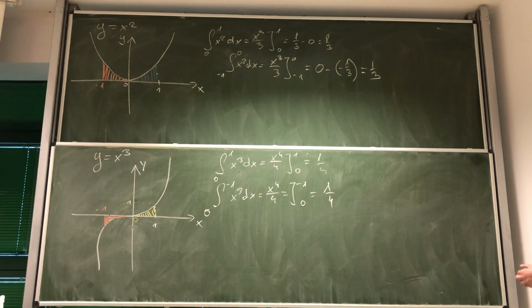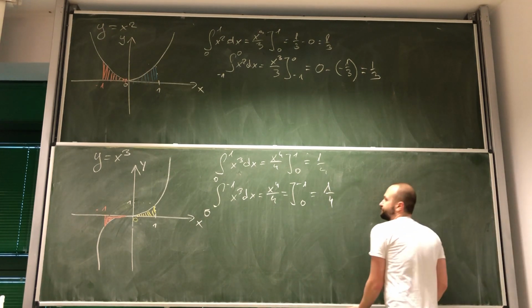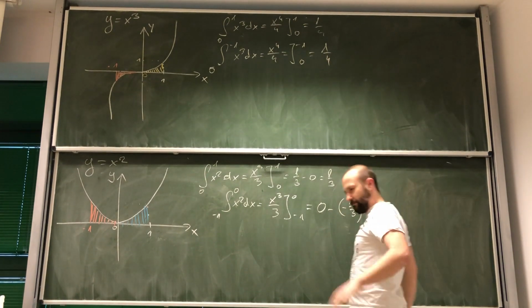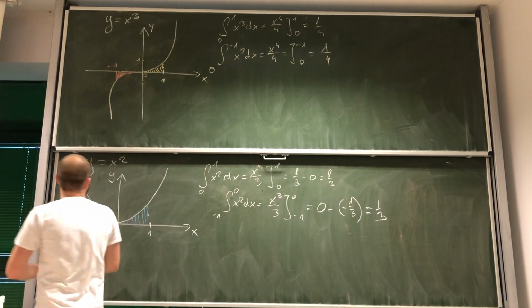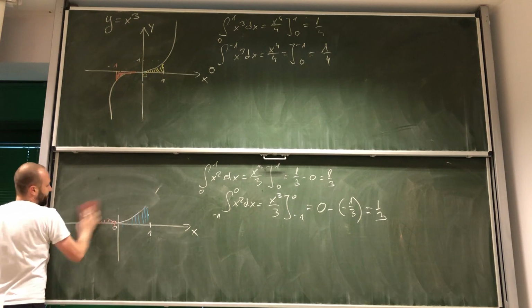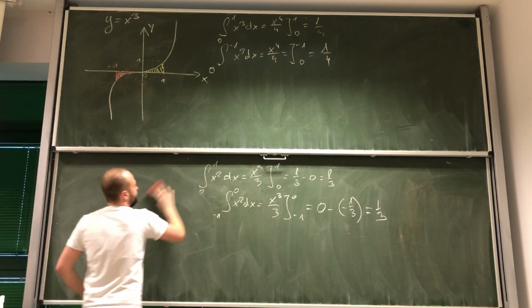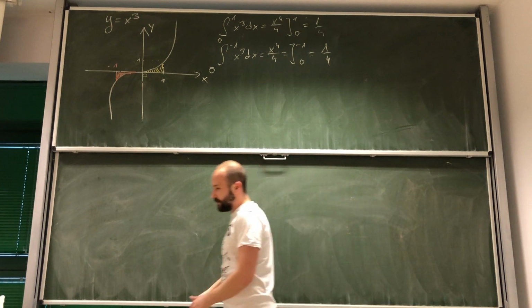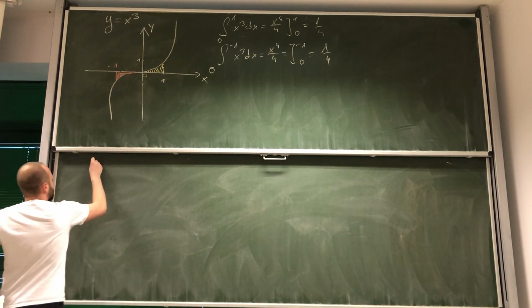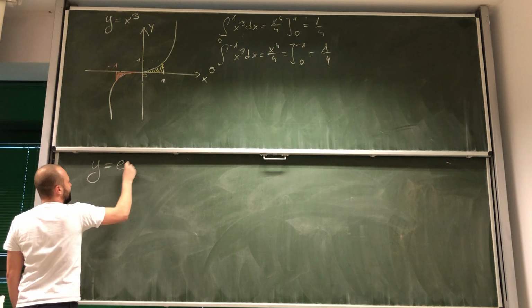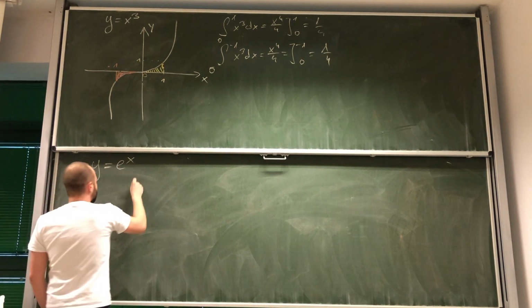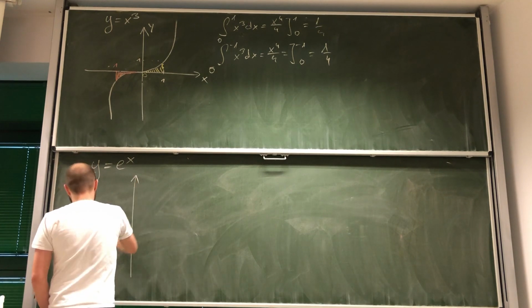Okay, so let's try something we haven't done yet. Okay, how about y equals e to the power of x? So e to the power of x looks like that.